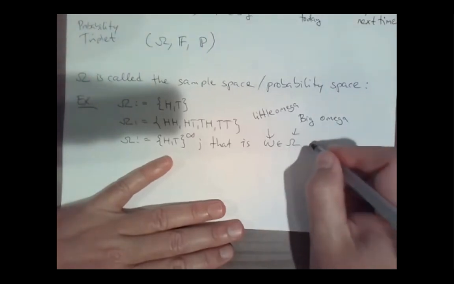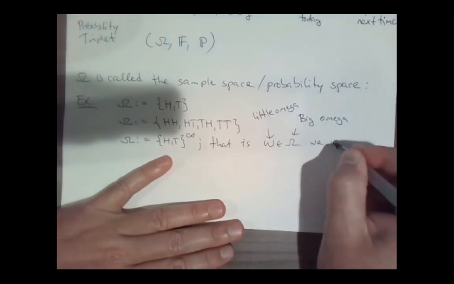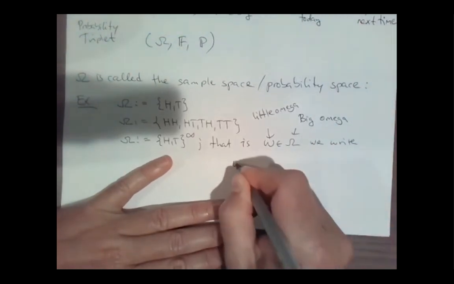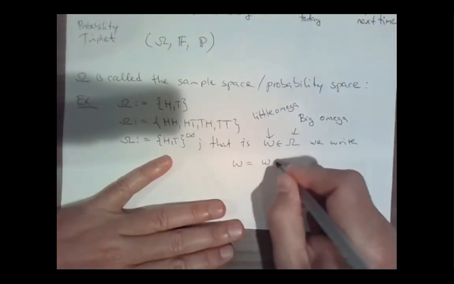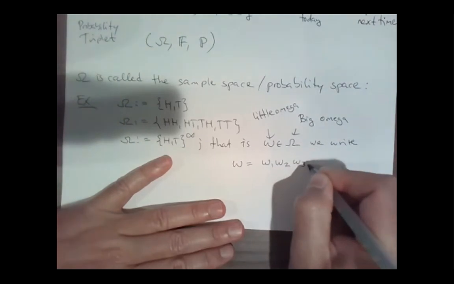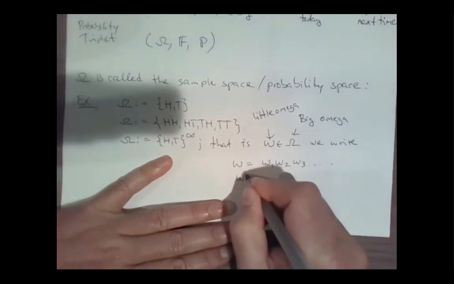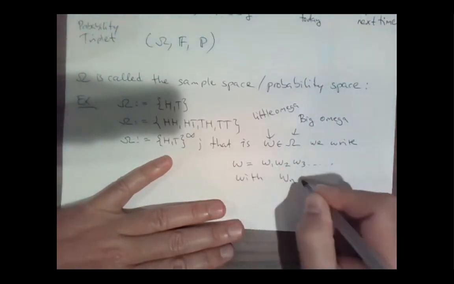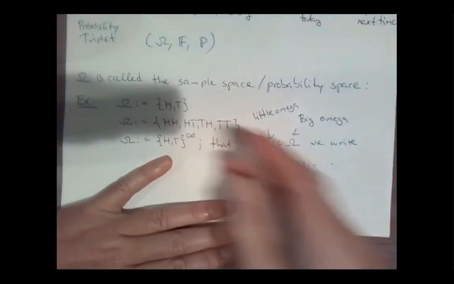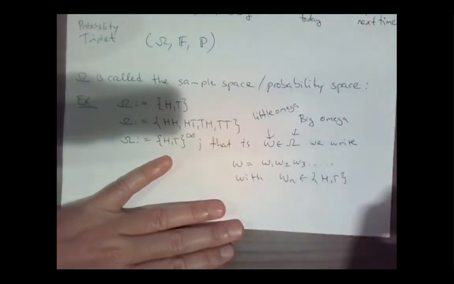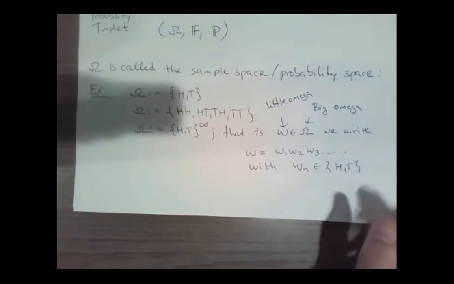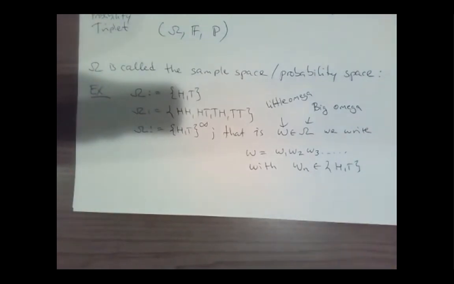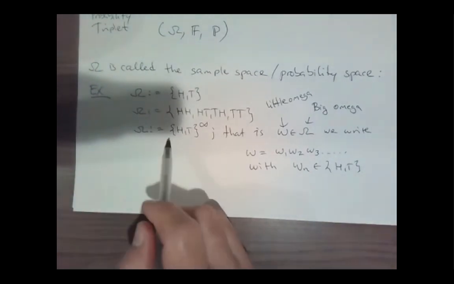We write omega is equal to, and then there'll just be an infinitely long vector. It'll be omega 1, omega 2, omega 3, and so on, with each omega n taking values that are either heads or tails. So that could be an example.